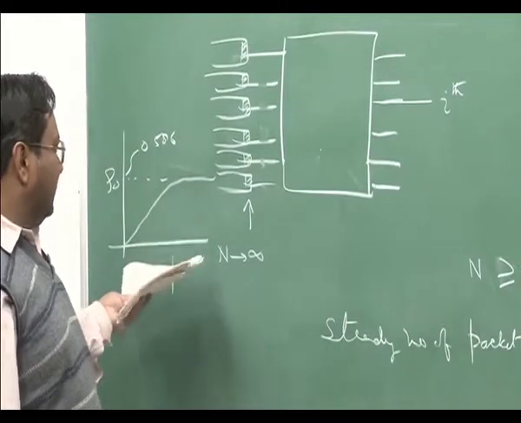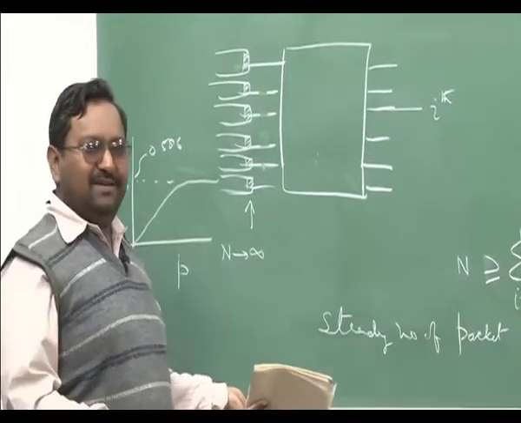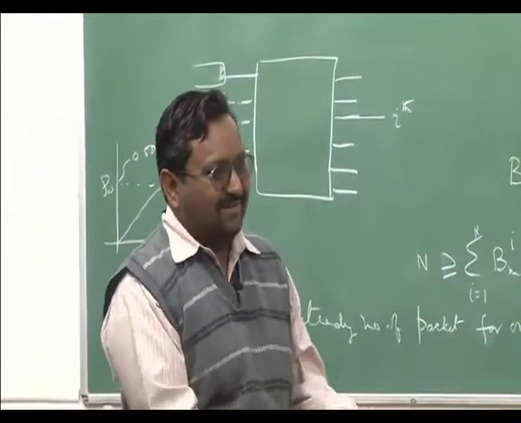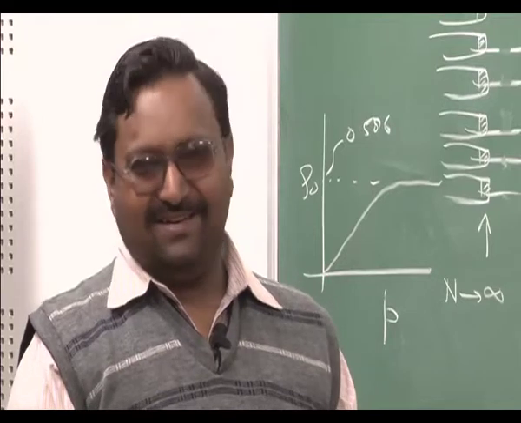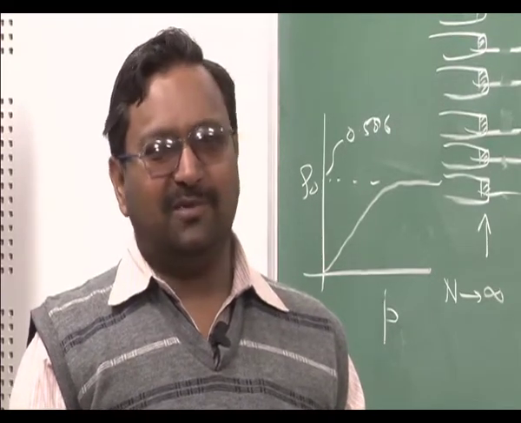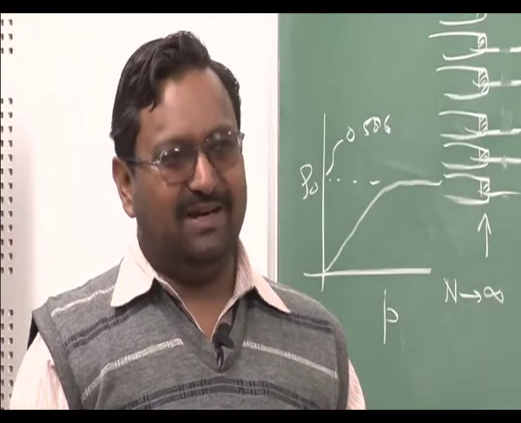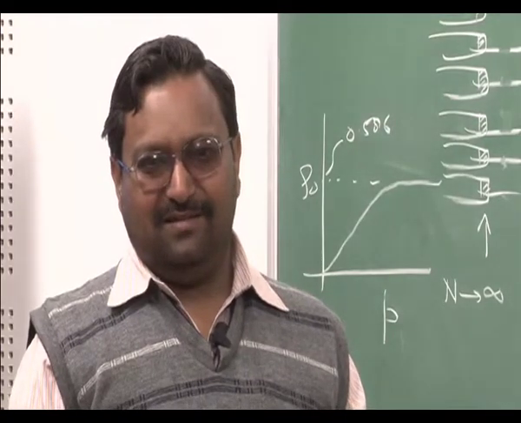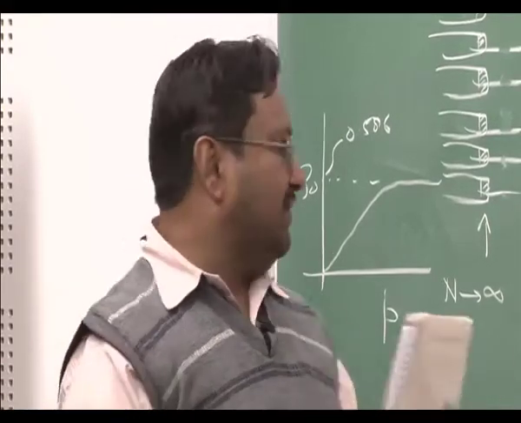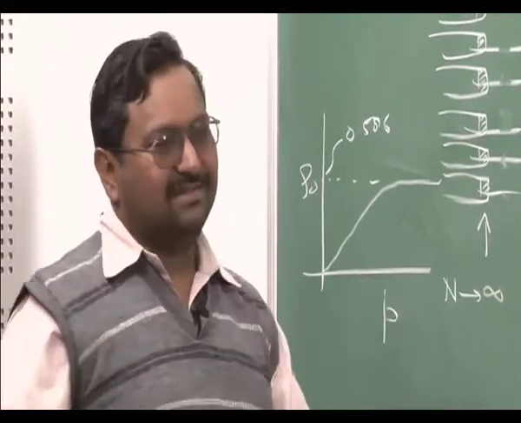So throughput is saturating but my input is high. If the input is higher and output is low, what will happen? Something has to be stored. Flow is not balanced. And where will it be stored? In the input queues. So queues will blow up ultimately, which is not good. So you have to always operate below 0.586.